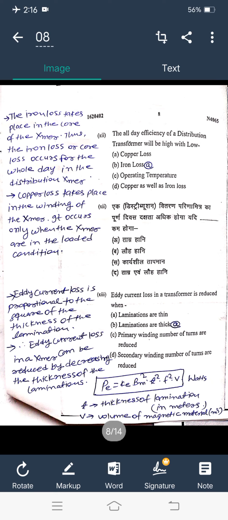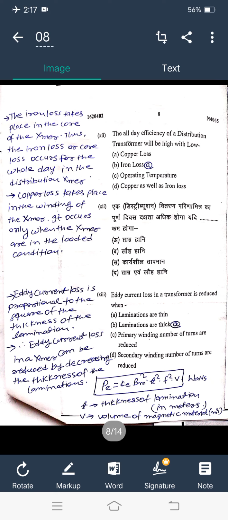Because the formula for the eddy current loss is Pe equals Ke into Bmax squared, t squared, f squared, into V. Here t is the thickness of lamination, V is the volume of magnetic material, Bmax is the maximum flux density, f is the frequency, and Ke is the eddy current constant.